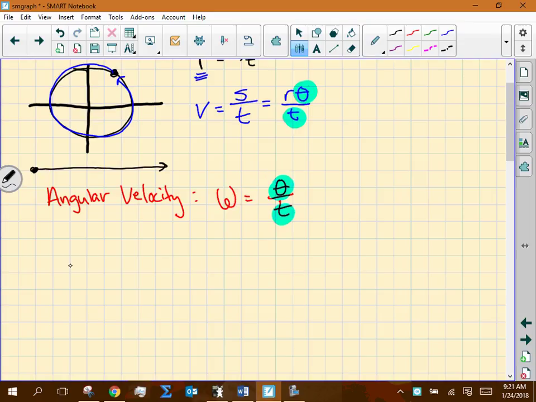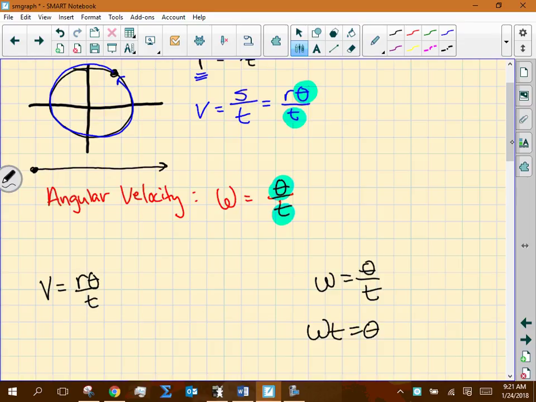If I take linear velocity equal to r theta divided by time, and omega equal to theta divided by time, I'm going to solve this one for theta. It's maybe a little quicker to solve that one for theta. What would I need to multiply both sides by? So I get omega t is equal to theta, right?